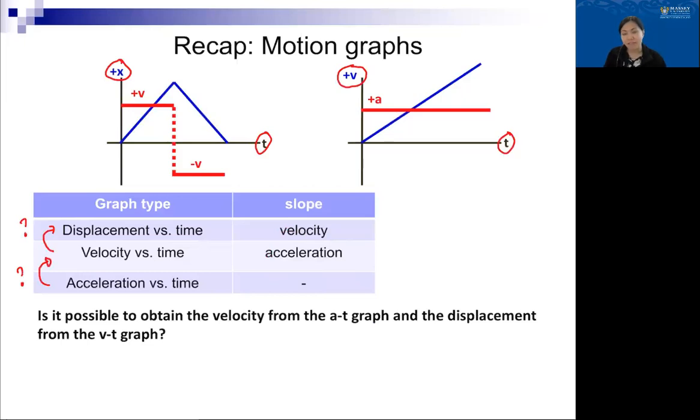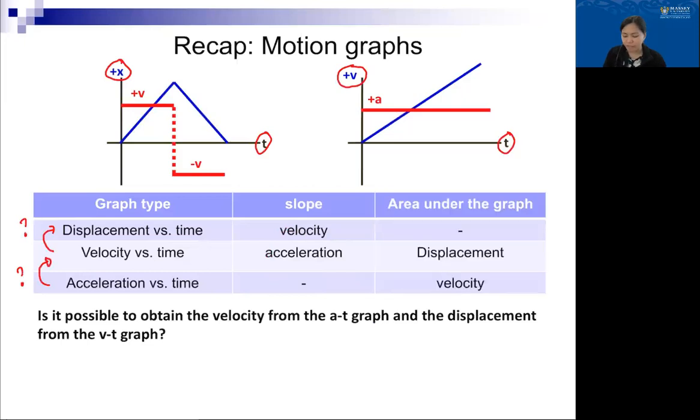So if you have the acceleration versus time graph, if you get the area under that acceleration versus time graph, then you would be able to get the velocity. Okay. And if you have a velocity versus time graph and you get the area under that velocity versus time graph, then you would be able to get the displacement of the object.